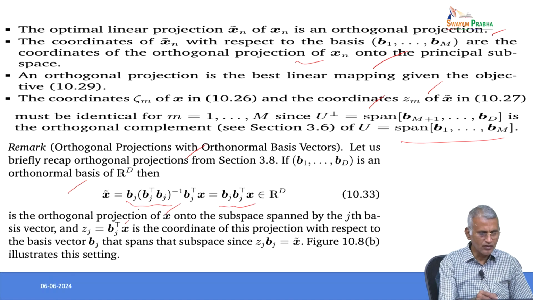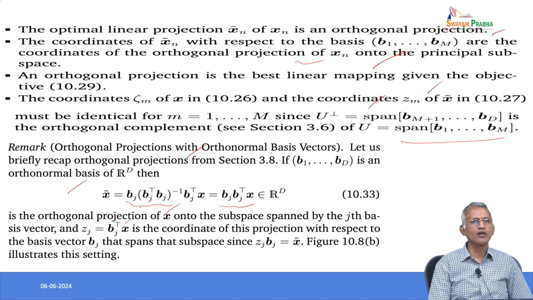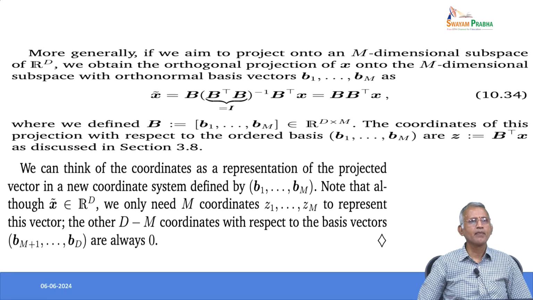And zj equal to bj transpose x is the coordinate of the projection with respect to the basis vector bj that spans the subspace, since zj bj equal to x bar. Therefore, figure 10.8b illustrates this setting.